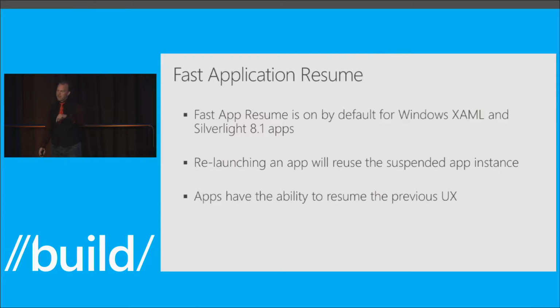They navigate back to start and press the tile again in order to get back to the application. They do not use the task switcher. That's a power user command and way of getting between apps. So most users will relaunch the application and expect it to come up where they left off.